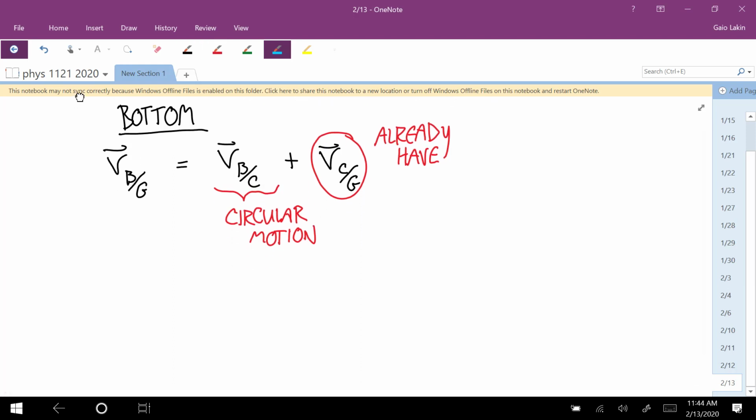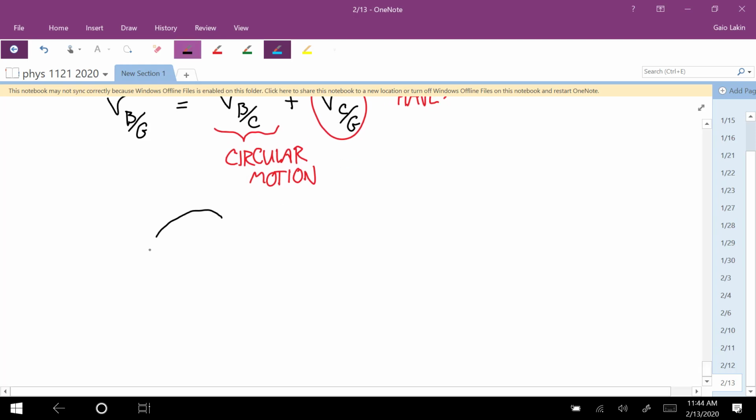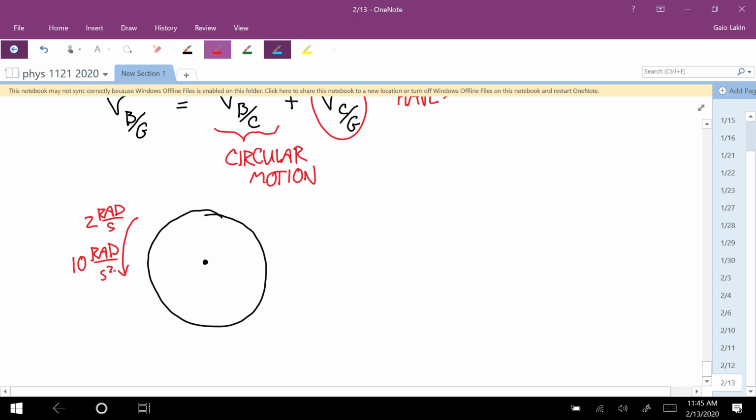Okay, so let's think about the circular motion. It's going this way, that's the angular velocity and the angular acceleration. And so at this point B, the velocity has to be this way.